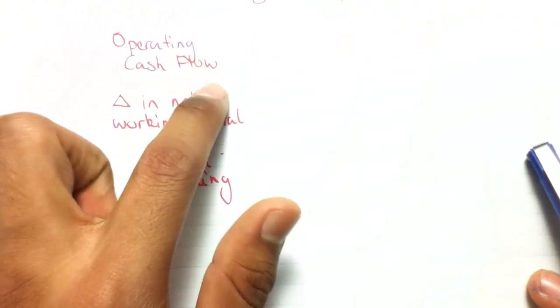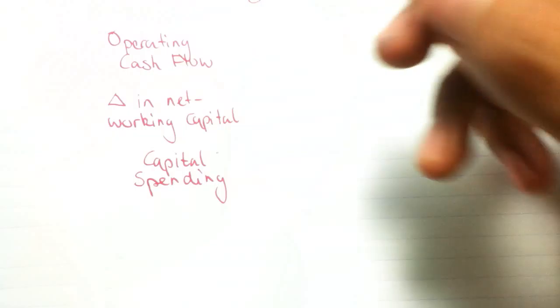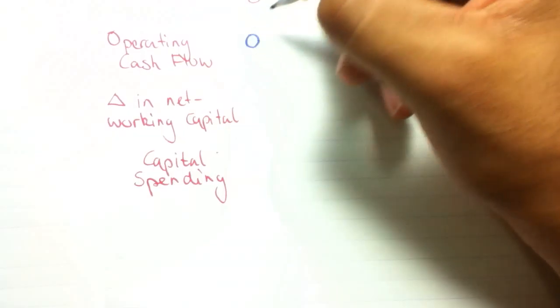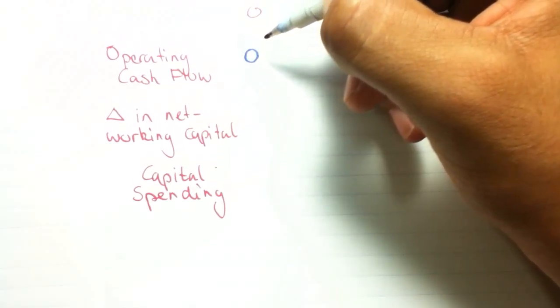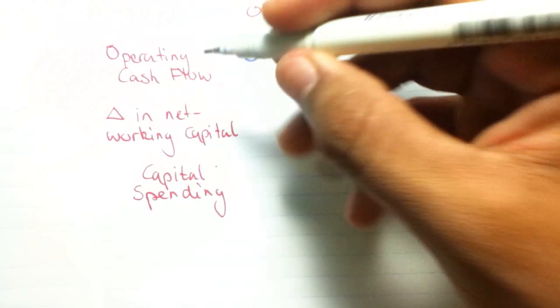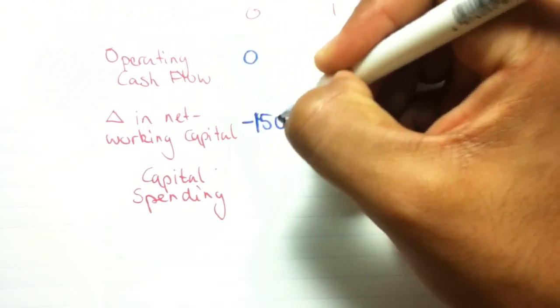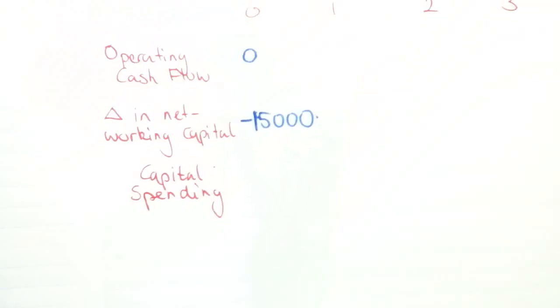So operating cash flow. Okay, operating cash flow is going to be 0 today. Our change in net working capital is going to be minus $15,000.